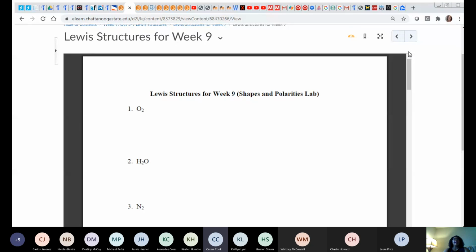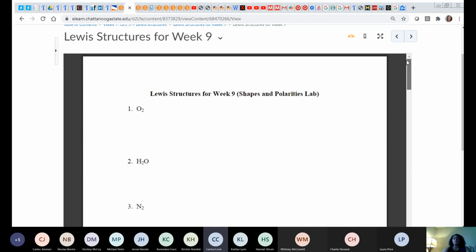During week 9, I'll release a key for these Lewis structures, so if you miss 1 or 2 of them, it's no problem. You'll be able to complete week 9 by looking at the key, just in case there were any you didn't get correct on your own.